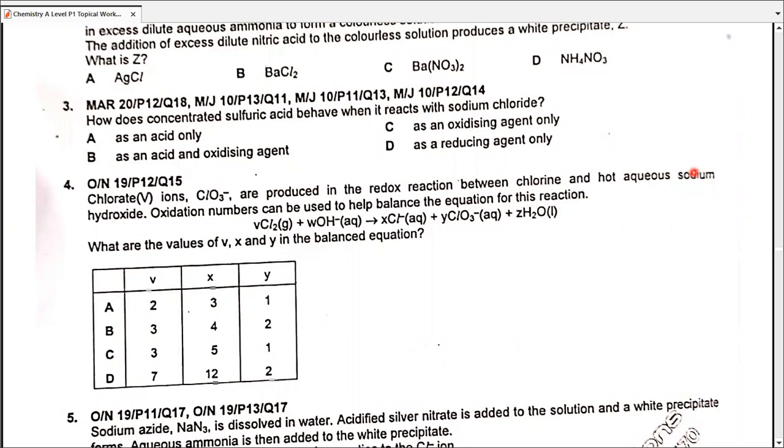So I also say A. Right. So if this question was a little bit changed, you're correct. You both are correct. It's just acting as an acid.